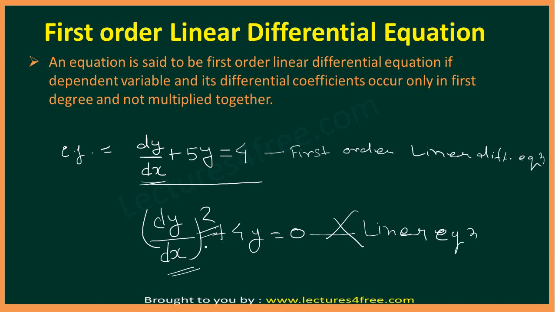Although the order is 1, the degree is not 1 because of (dy upon dx) squared, so this is not a first order linear differential equation. The first is a first order linear differential equation, and this one is not.